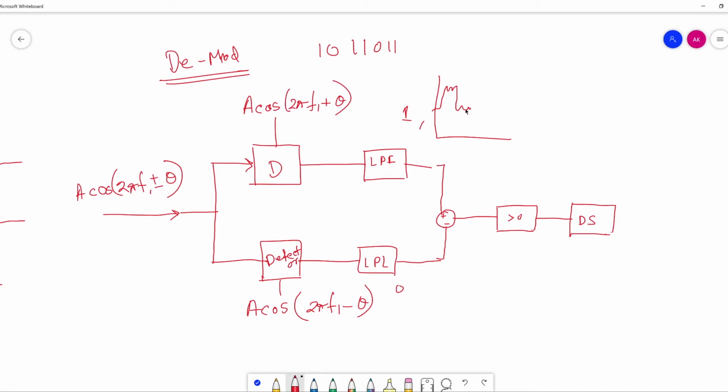So for here 0, 1 1, 0, 1. So this is 0 actually, and here we will get something like this.